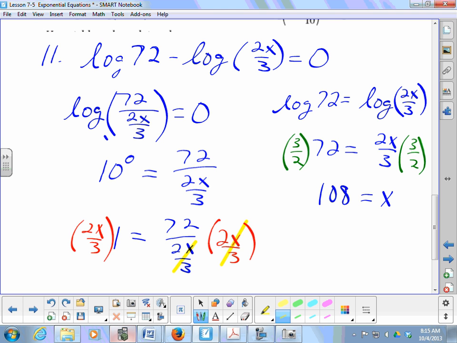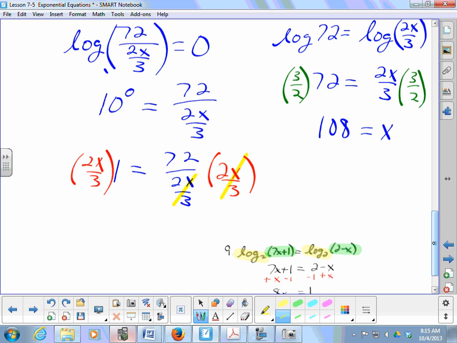And now I have the same thing I had over there. We have 2x over 3 equals 72. And then we would just multiply by 3/2 again. So the way you do that doesn't matter, but we can see that the way on the right ends up becoming much easier than the way on the left.